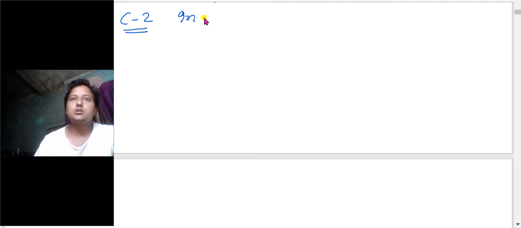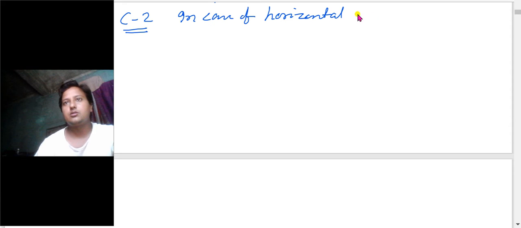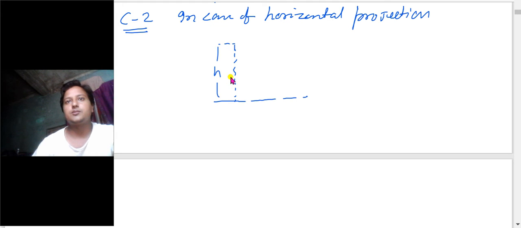In case second, in case of horizontal projection, suppose there is a tower of height h and a body is projected horizontally with a speed u.